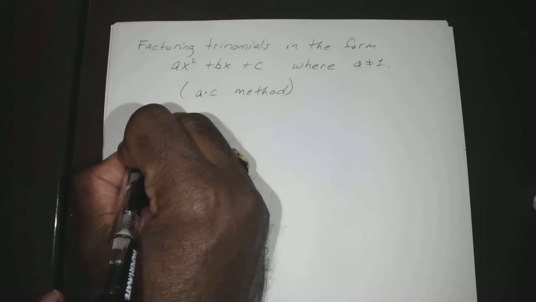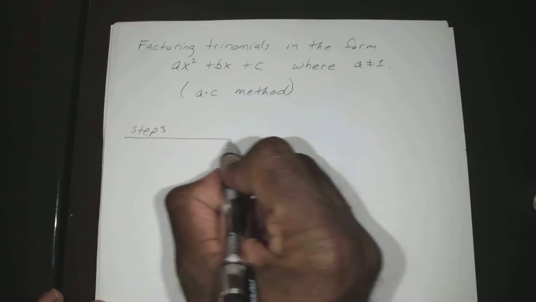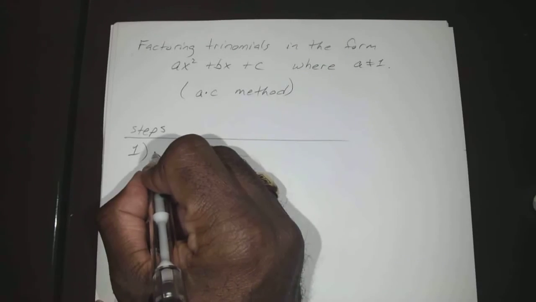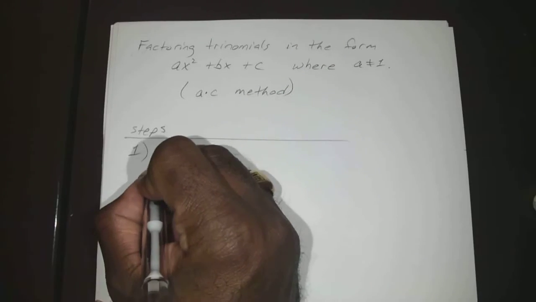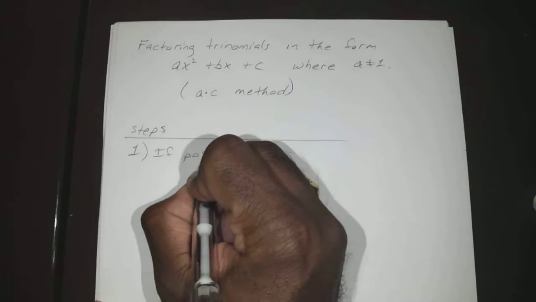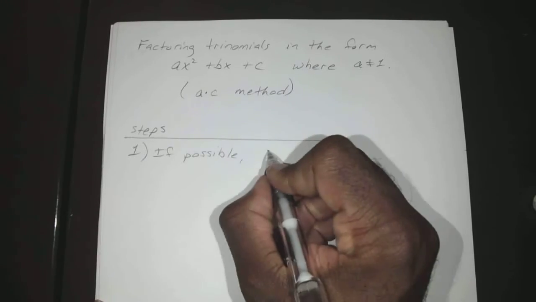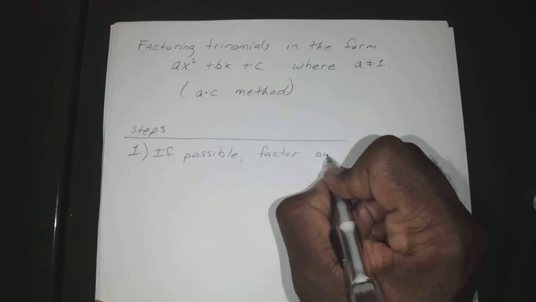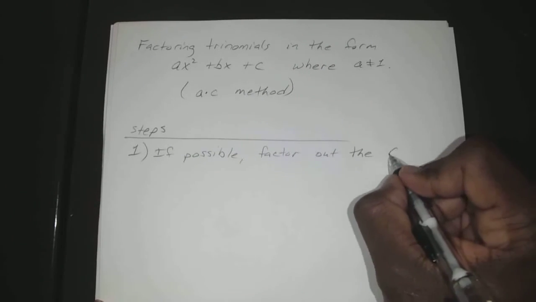So the first thing you're going to do is factor out the greatest common factor if there is one. Because a lot of times if you factor out the greatest common factor, you can avoid this step and just use the method we used before, which is a lot easier. So step 1, if possible, factor out the greatest common factor.